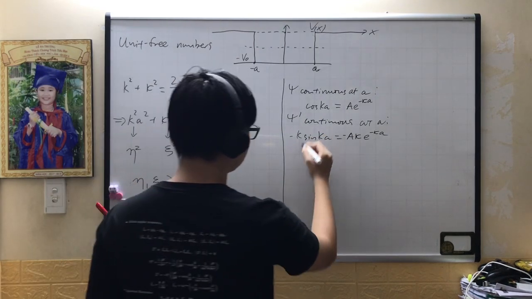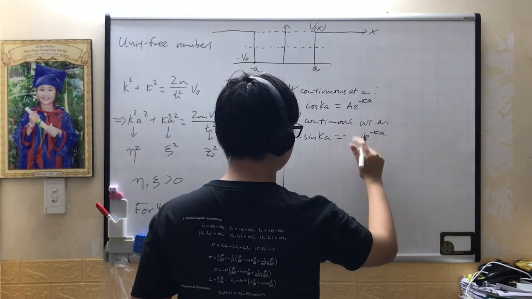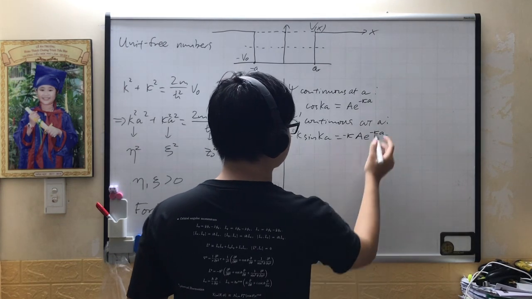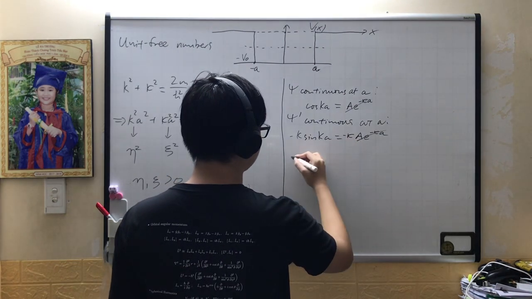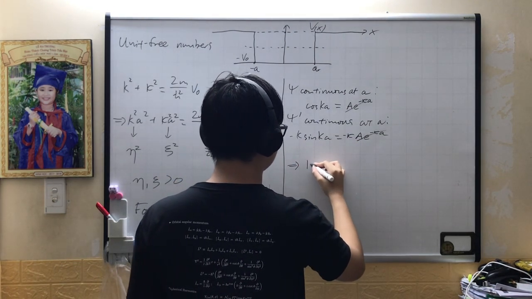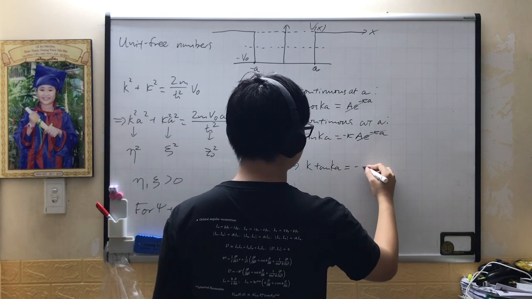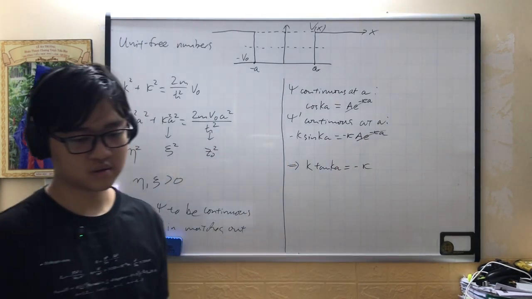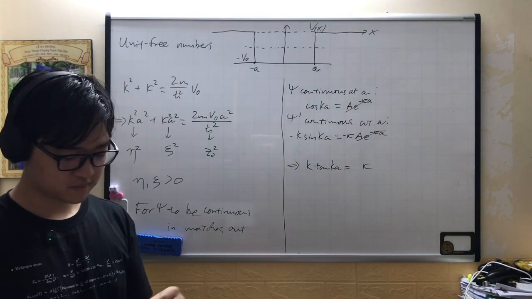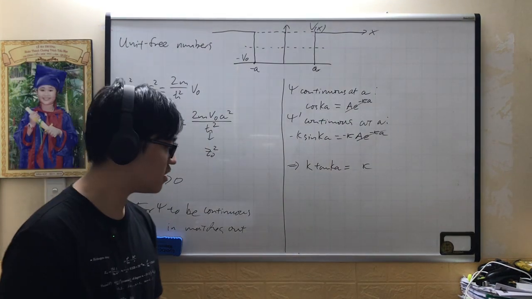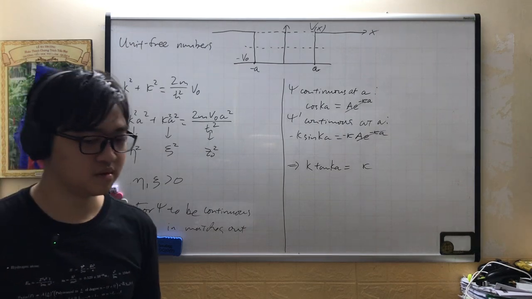After dividing this, I should have written it as kappa A. Dividing would eliminate these, and what you're left with is K tangent Ka is equal to minus kappa. Oh no, I eliminate the minus here, so no more minus. So what you get ultimately is that K tangent Ka is equal to kappa.